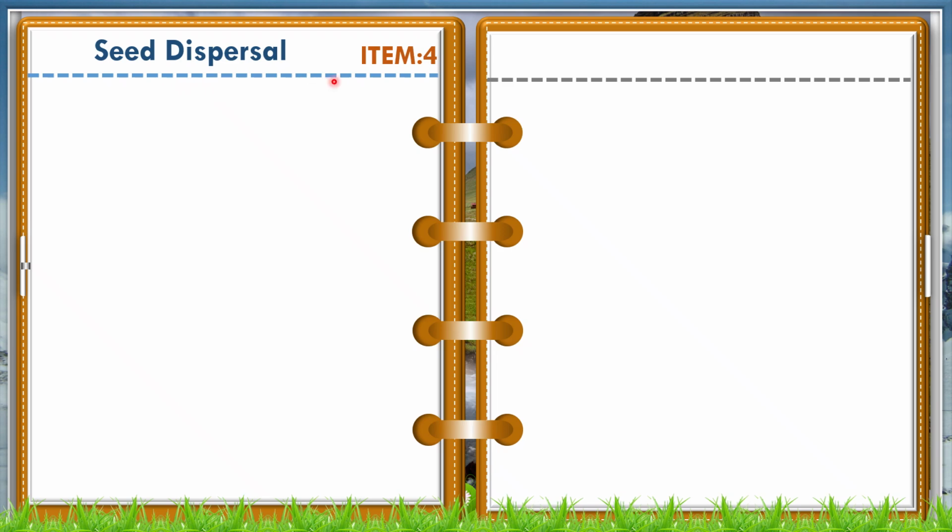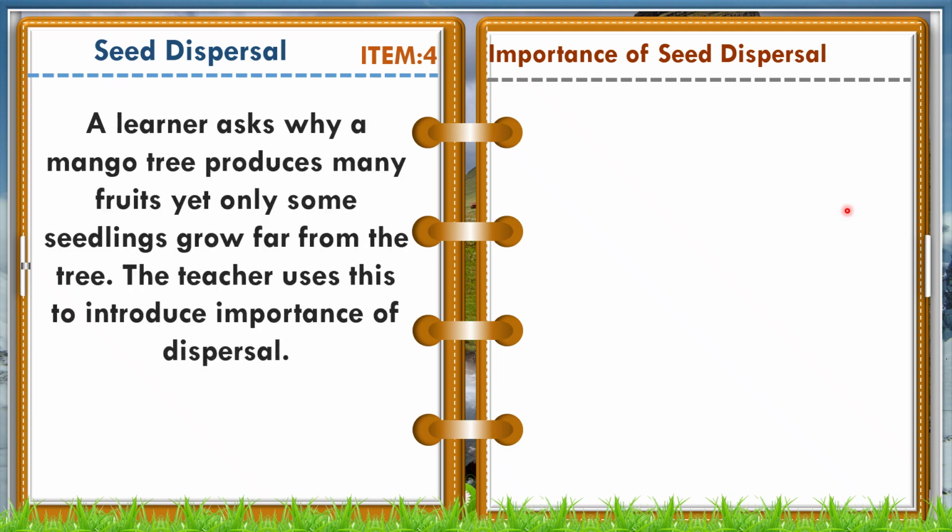Seed dispersal, item 4. We are looking at the importance of seed dispersal. Alana asks why a mango tree produces many fruits, yet only some seedlings grow far from the tree.